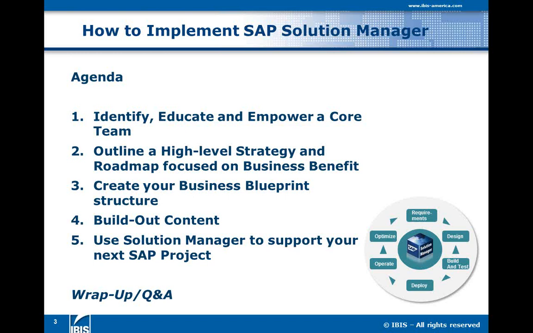And then build out content against that business blueprint structure to support your change initiatives, and then possibly identify a project that you have upcoming, whether it's upgrade or a functional initiative, to use the platform and support that project with the platform. And then you'll really be in a position to roll out adoption within your organization. So this is our agenda. At the end of the agenda, we'll have a wrap-up where we'll offer a Q&A as well.